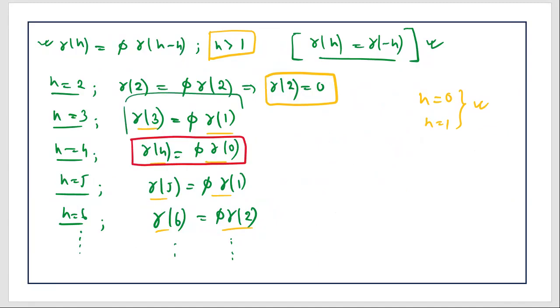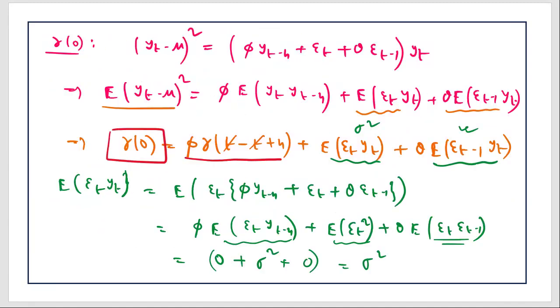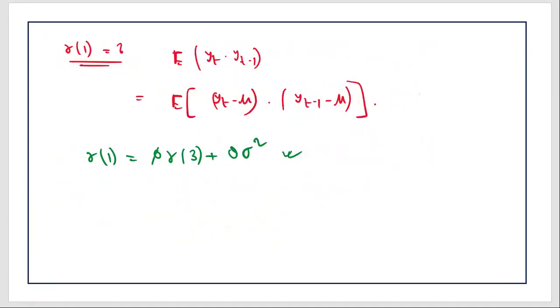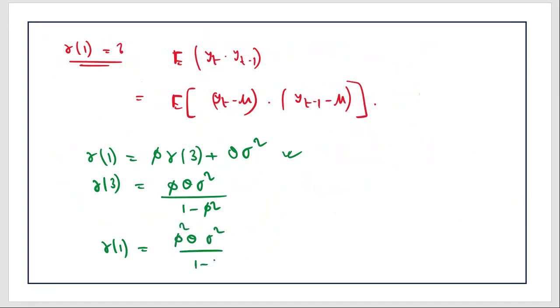If you use this relationship, gamma 3 will come out to be phi theta sigma square upon 1 minus phi square, and gamma 1 will be phi squared theta sigma squared 1 minus phi squared plus theta sigma squared.